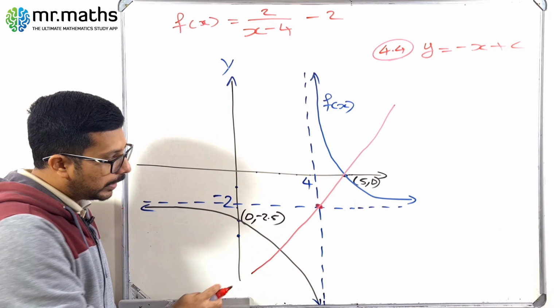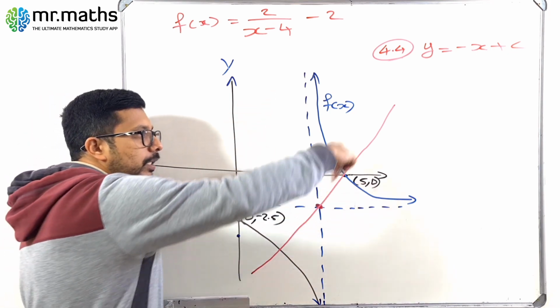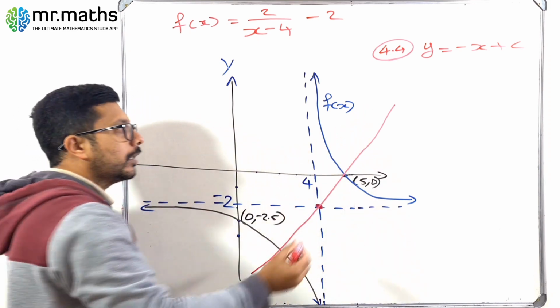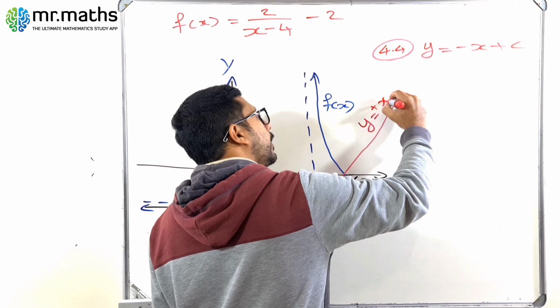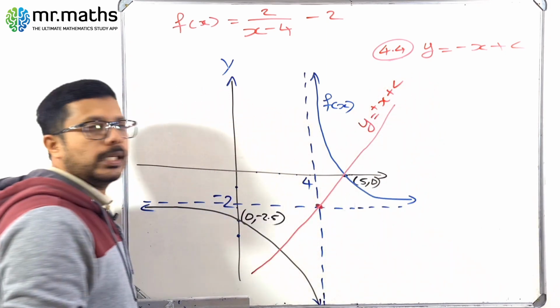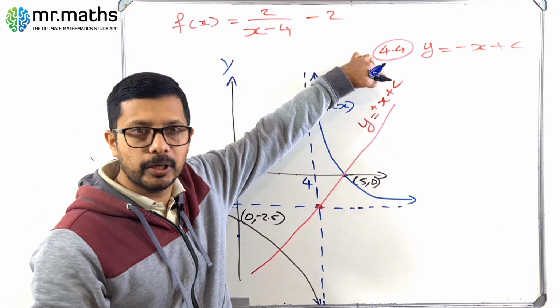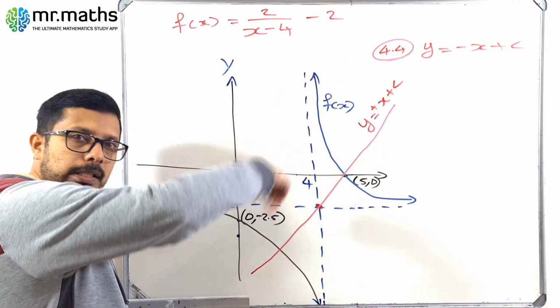So here you can see that one axis of symmetry is a straight line. It is an increasing straight line, am I right? So that one, the equation is y is equal to positive x plus c, and we have to find the value of c. Why is it positive? The gradient is positive because it is increasing.